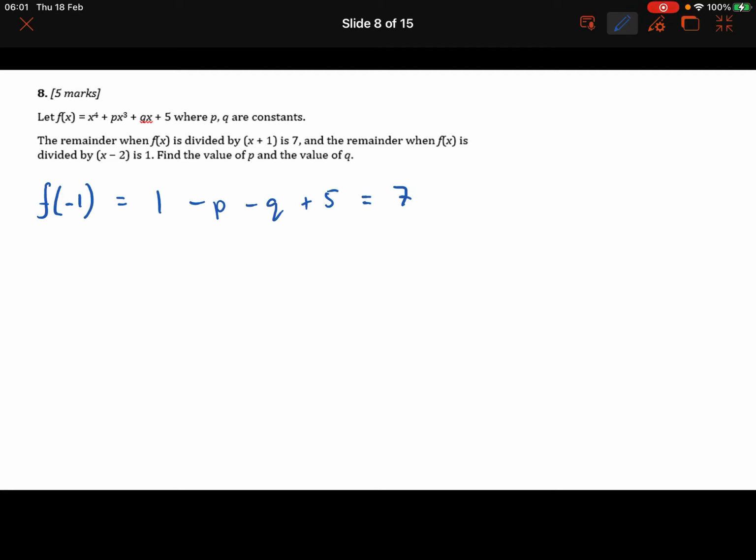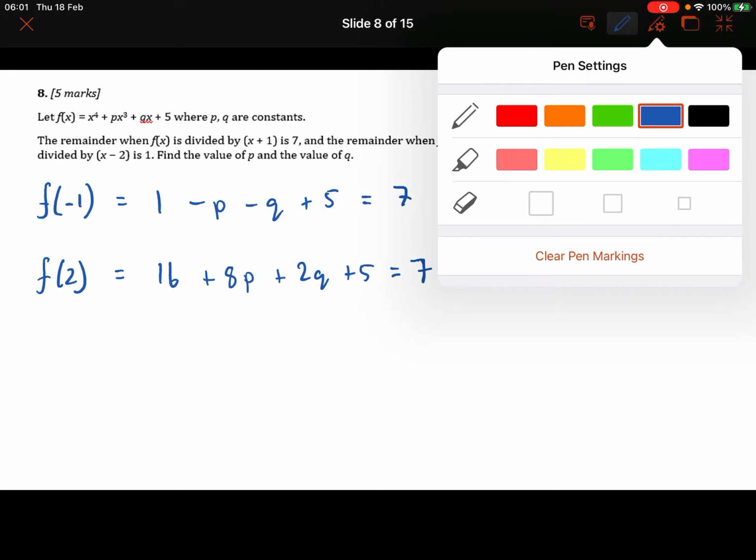And we also know that the remainder when f of x is divided by x minus 2, so if we put in f of 2, we're going to get 16 plus 8p plus 2q plus 5. It's going to give me a remainder of 1. I think Sindea, might have been you said that this was 7, just not reading the questions carefully.